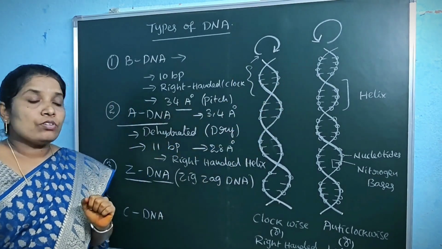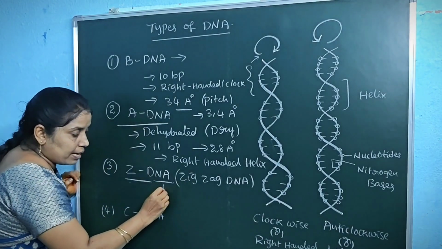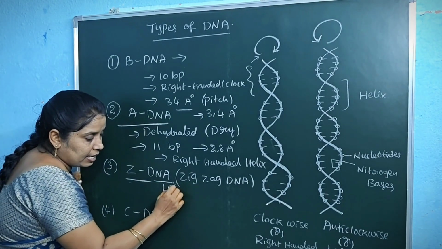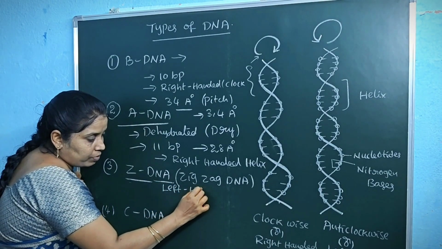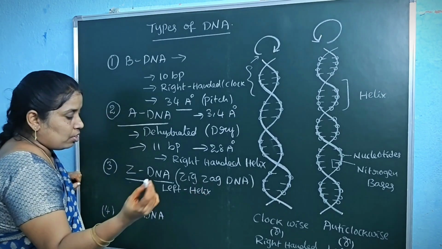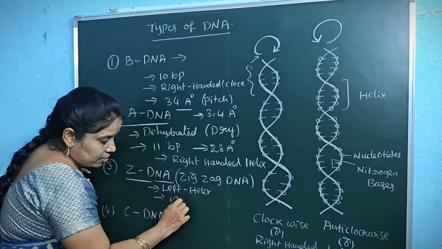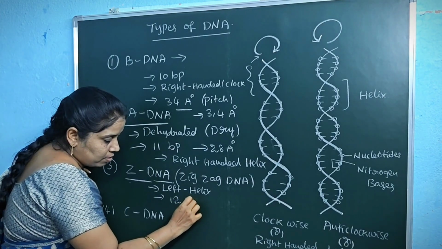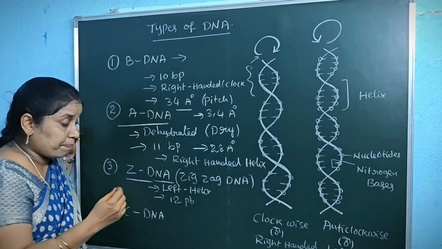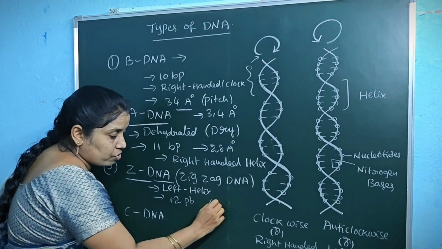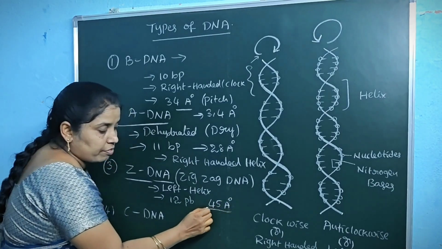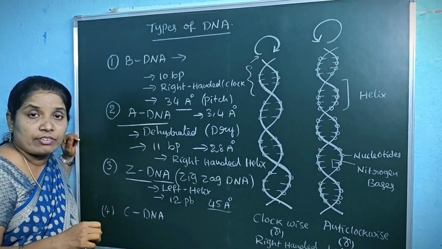Okay, remember. It has 12 base pairs per helix. It has a pitch of 45 angstroms. That means the length of the helix is 45 angstroms.